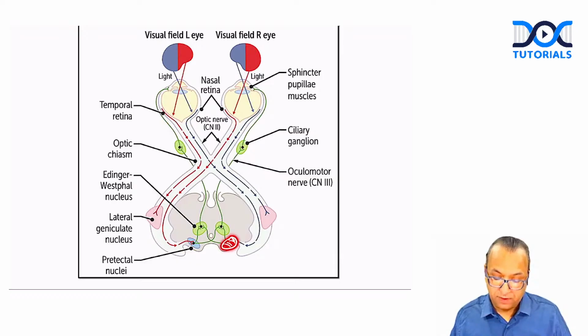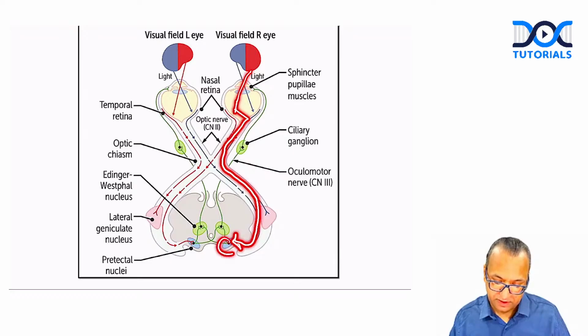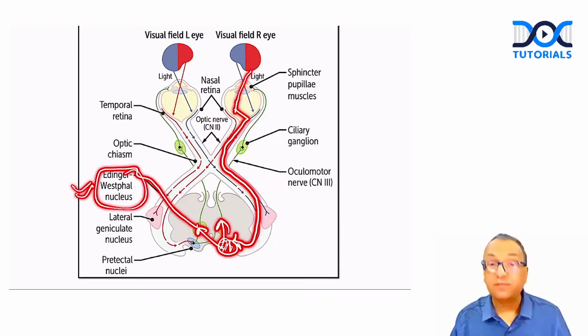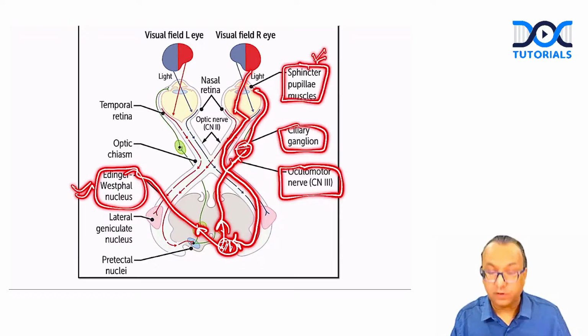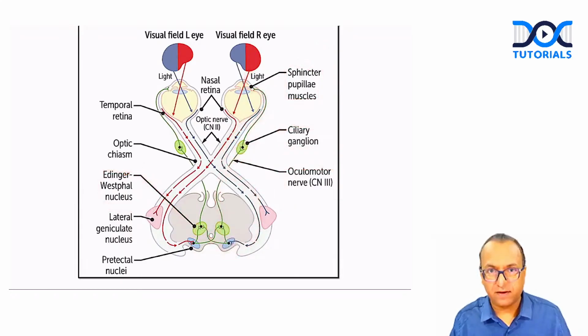Pretectal will be afferent, yes, because as light is being put here and it is receiving the information, you can say it is afferent sensory, but then when you come to Edinger-Westphal, it becomes motor. When you talk about oculomotor nerve, it is motor. Ciliary ganglion and the sphincter pupillae, it is motor. So pretectal count as afferent, maybe you can say that.